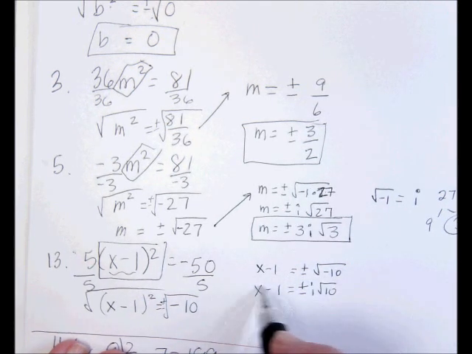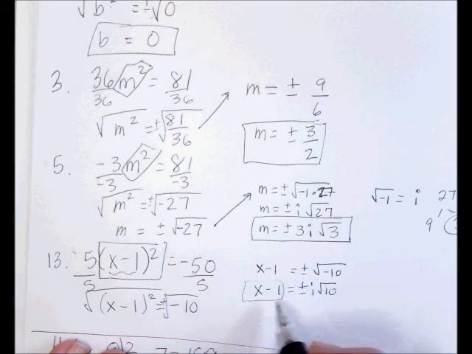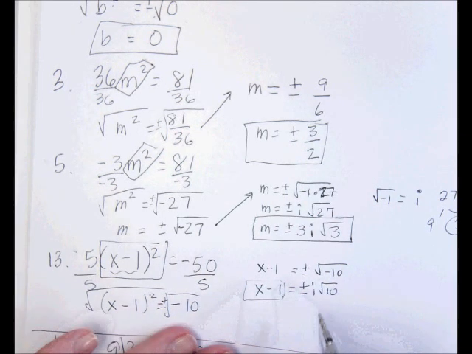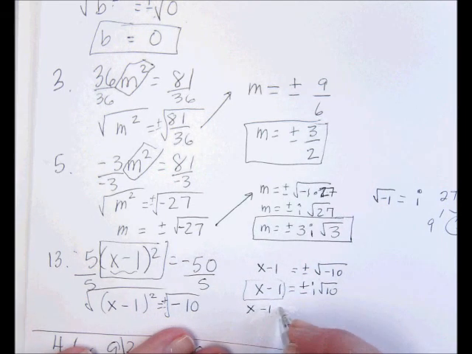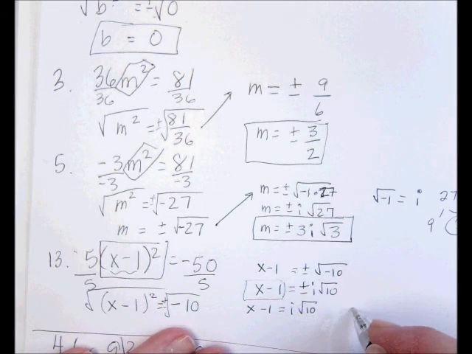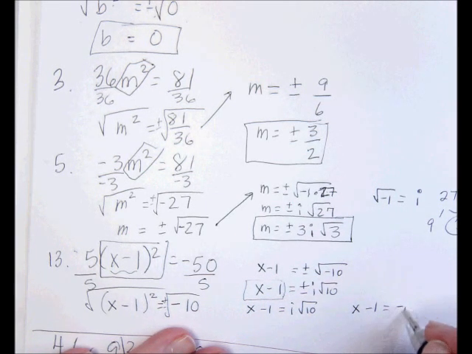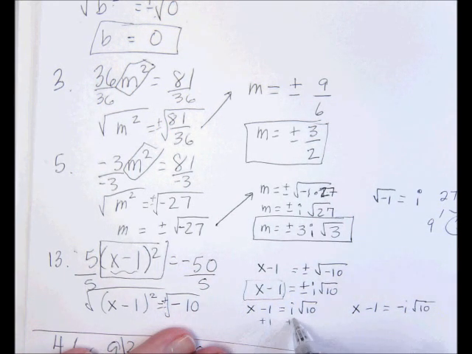Then this is where, because I have this quantity and I'm solving for x, this is the situation where I have to split it into two different equations. My first equation looks like this, x minus 1 is equal to i square root of 10. And my second one looks like x minus 1 is equal to negative i square root of 10. So then I add 1, and x is equal to 1 plus i square root of 10.